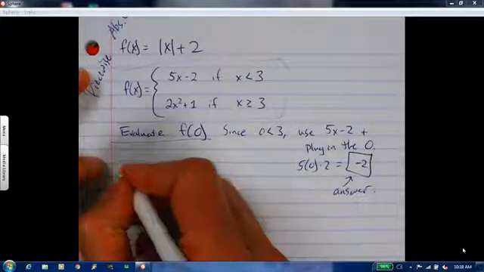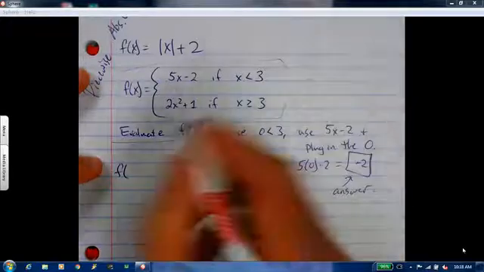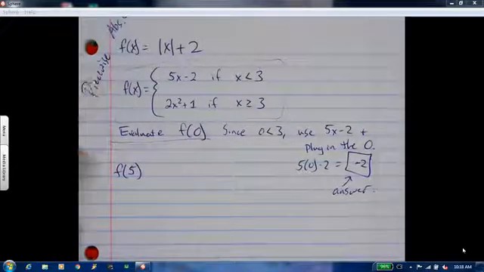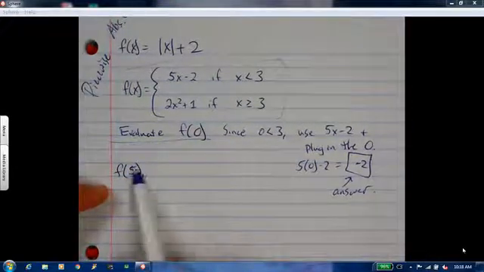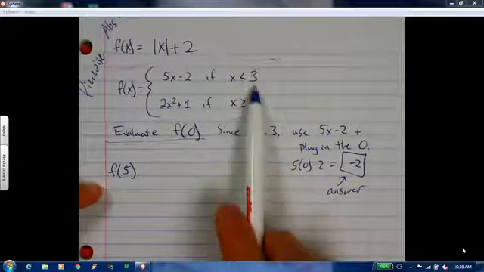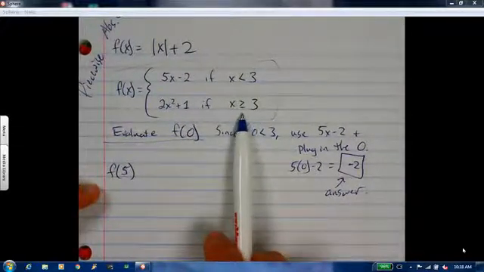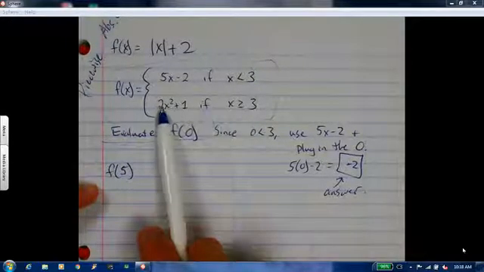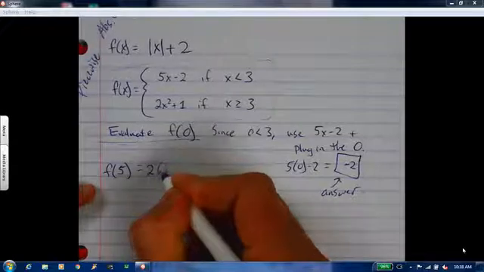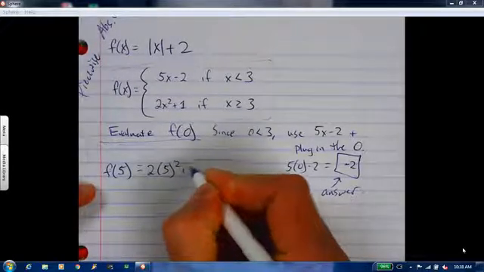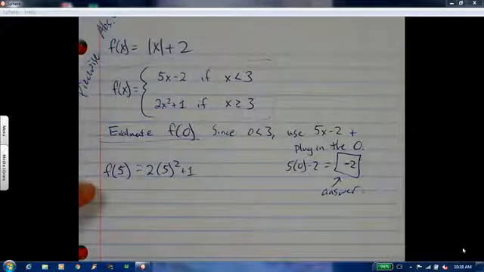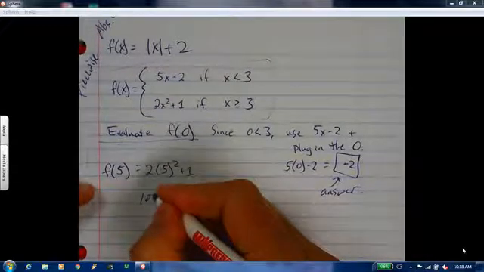So if they say, what's f of 5? You first look at the right. Which one are you going to use, top or bottom? Bottom, because 5 is greater than or equal to 3. So it's 2 times 5 squared plus 1. Is that 101 or 51?